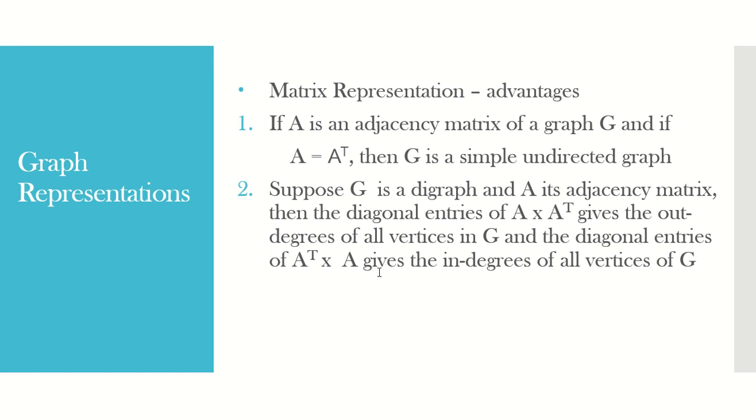Then all the diagonal entries in that matrix will be the out degrees of the corresponding vertices. Similarly, if you multiply it as A transpose into A, then the diagonal entries correspond to the in degrees of the given vertices. So these are some things we have to talk about while discussing graph representation.